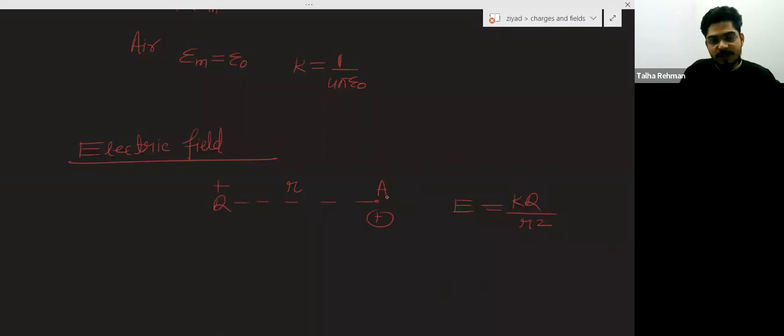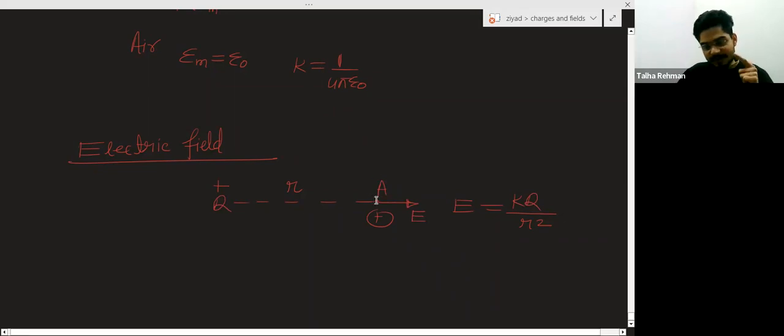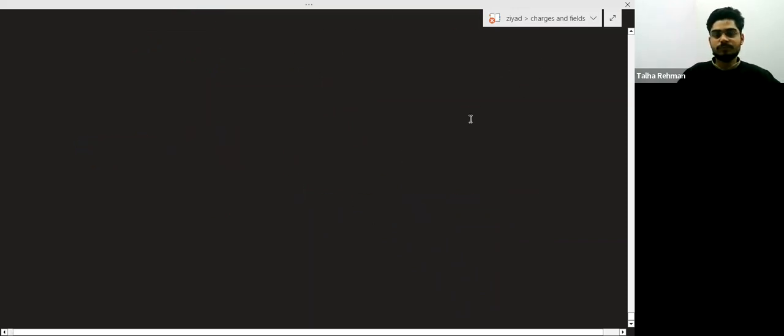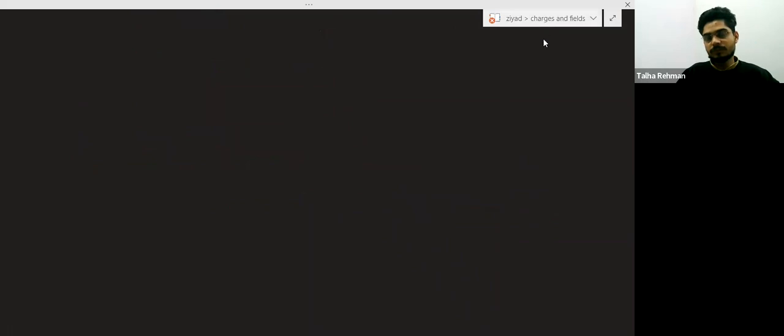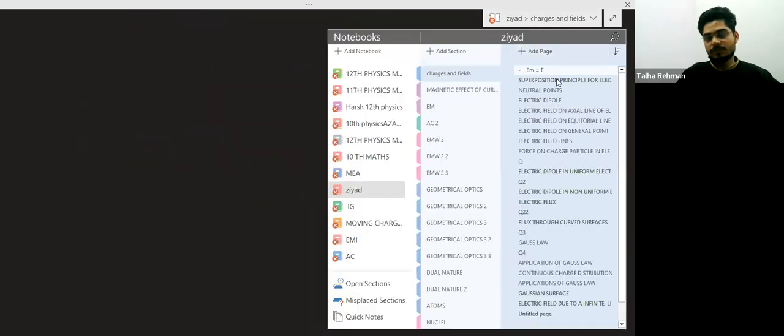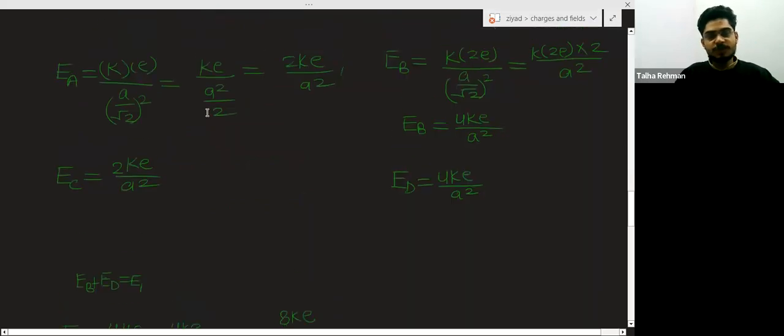If this is a positive charge, then both positive charges will repel, so the direction of the electric field will be the same as that of the force, and this is the direction of the electric field here. If this charge is negative, the direction of the electric field will be in this direction. Superposition principle.